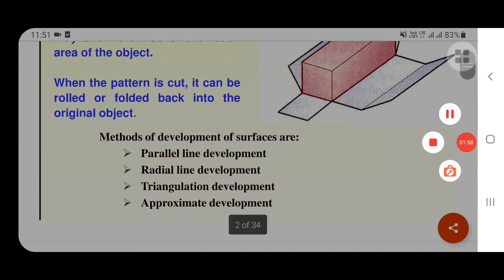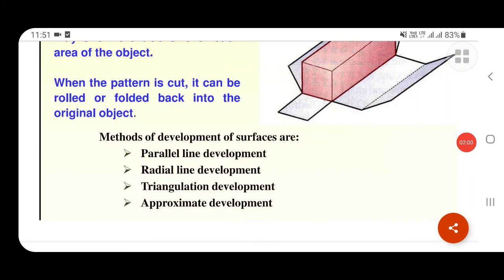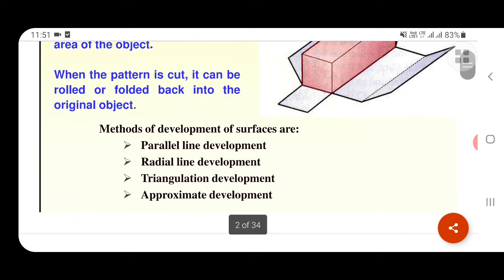So these are the methods of development of surfaces. First is the parallel line method, second is the radial line method, third is the triangulation method, and fourth is the approximate development method. So again I repeat: parallel line method, radial line method, triangulation development and approximate development of surfaces.